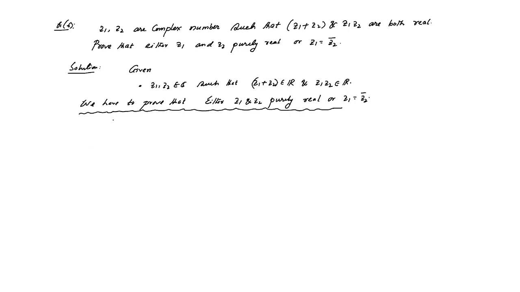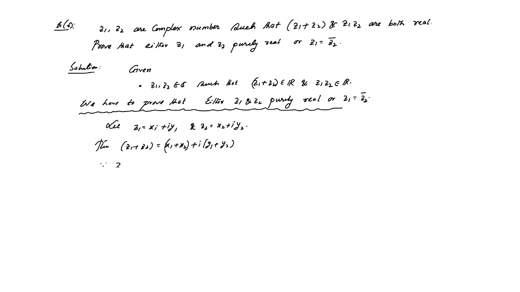Now take Z1 equals X1 plus iY1 and Z2 equals X2 plus iY2. Then Z1 plus Z2 will be X1 plus X2 plus i times Y1 plus Y2.